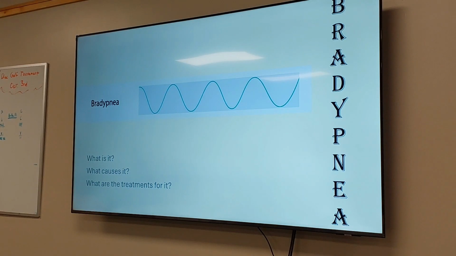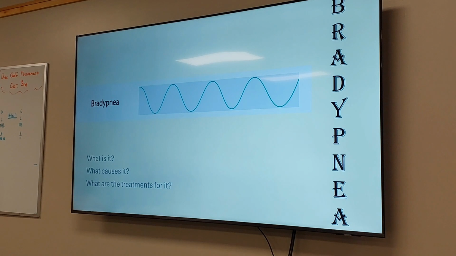Slow breathing. Slow breathing, less than what? Less than 12. What are some causes for this? Bradypnea? I don't even know how to say it. Slow breathing. Kind of the same stuff that we saw on the other slide.